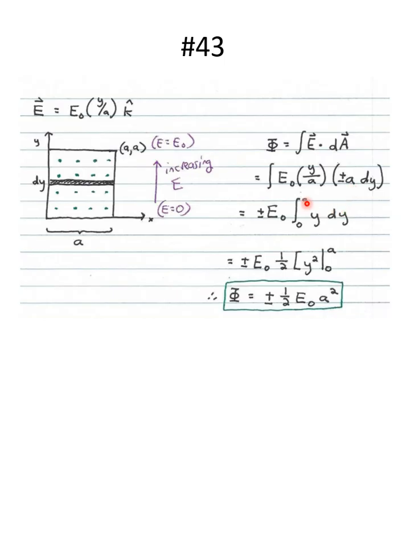And so that is going to be the magnitude of E times the magnitude of dA. There is a cosine theta component, but the area vector comes out of the page, or maybe it goes into the page. Not quite sure. It can go either direction.